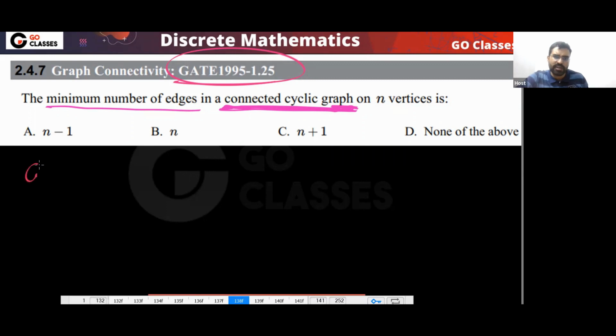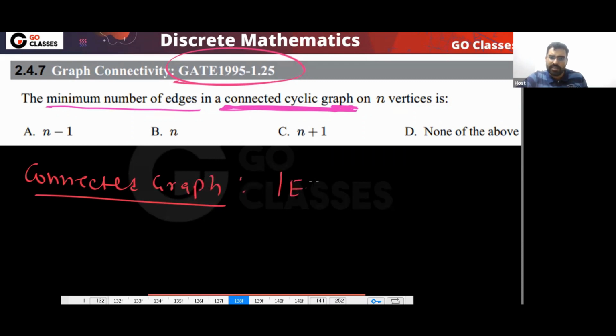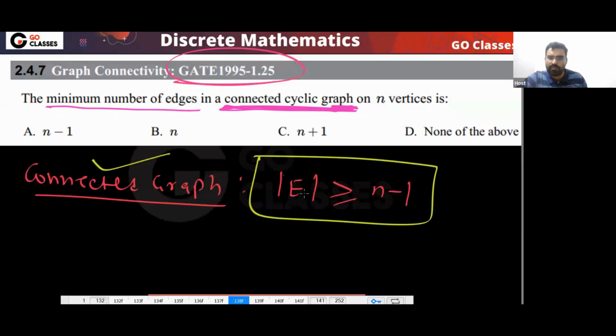So you know that if you have a connected graph, then the number of edges is always greater than or equal to n minus 1. And if you have a cyclic graph, then the number of edges will be n.